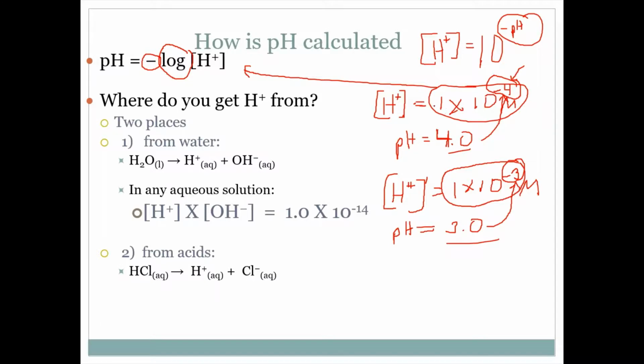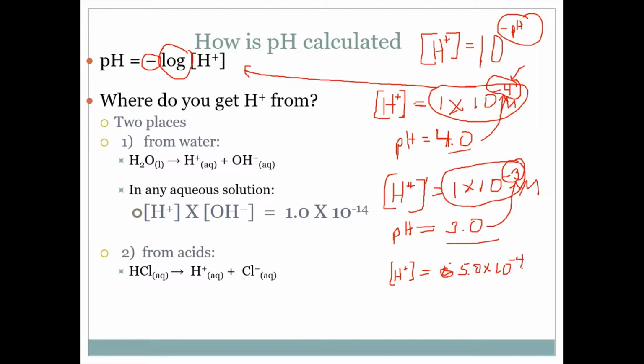Now, if you have a concentration somewhere in between, like your hydrogen concentration is a number between 1 times 10 to the minus 4 and 1 times 10 to the minus 3. Let's say we're right in the middle, 5.0 times 10 to the negative 4. This is the number right between these two, right?